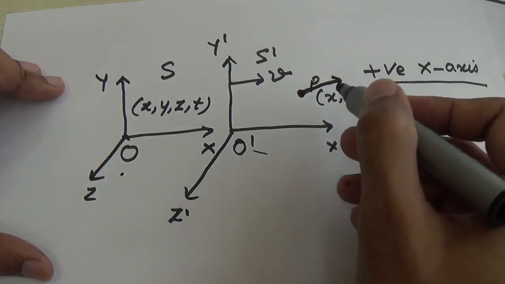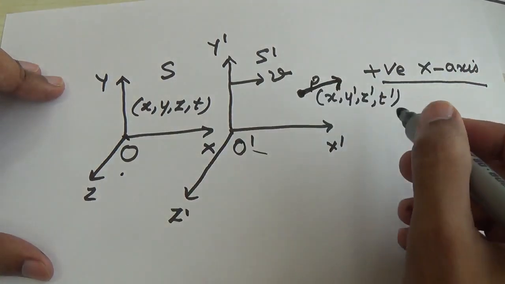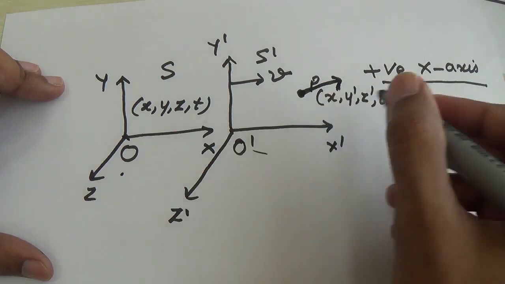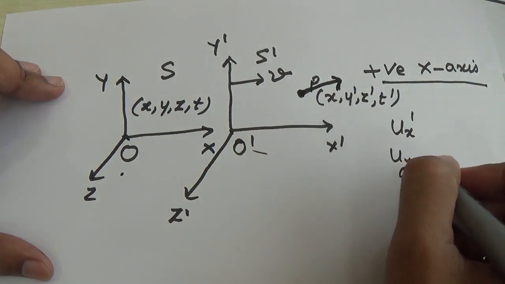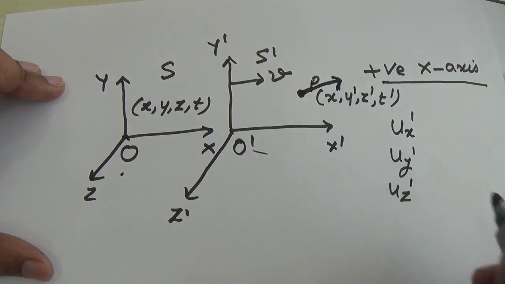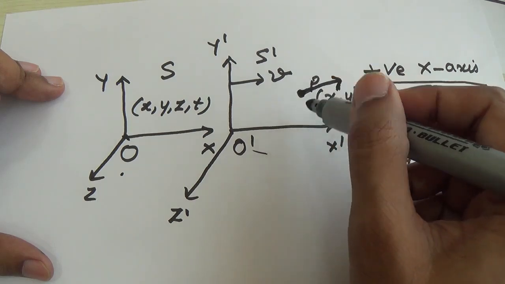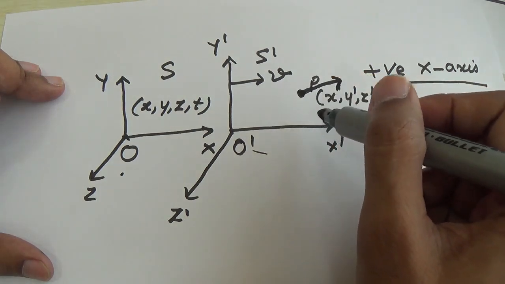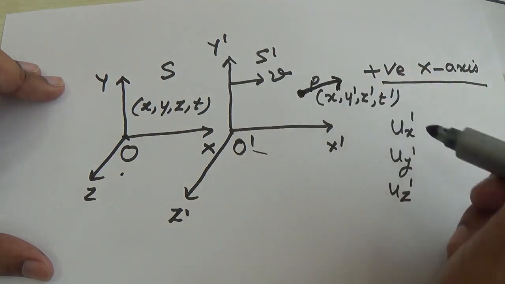So one can find out the velocity components for this particle. That will be ux prime, uy prime, and uz prime along the x-axis, y-axis, and z-axis. So this is for this particle in free space, and now we have made the assumption that it is moving in the forward direction, towards the positive direction.